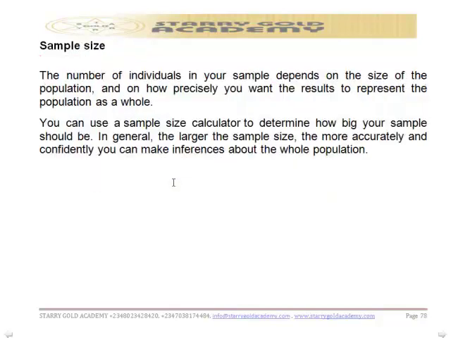Now, what is sample size? From the sampling frame, which contains the totality of every element in that study, sample size is the number of individuals in your sample.